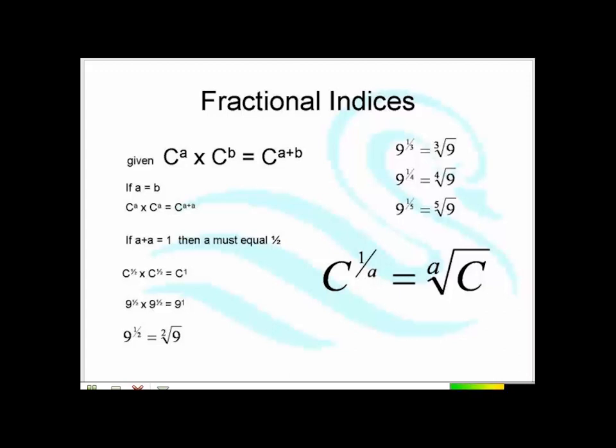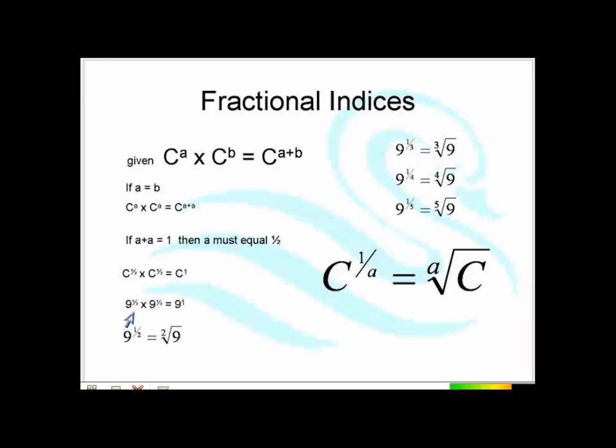If it turns out that apples and bananas are the same, say apples and bananas both cost the same, and if 1 apple costs $1, therefore half an apple would cost 50 cents, what you could say is c to the power of half times c to the power of half equals c to the power of 1.